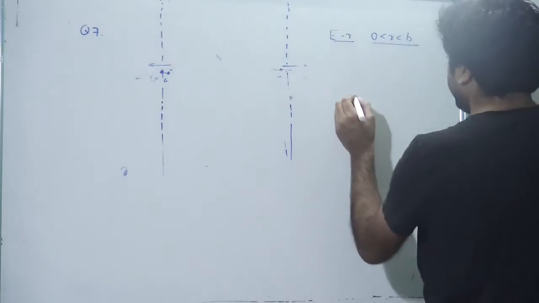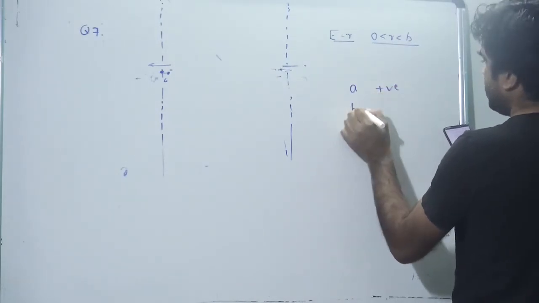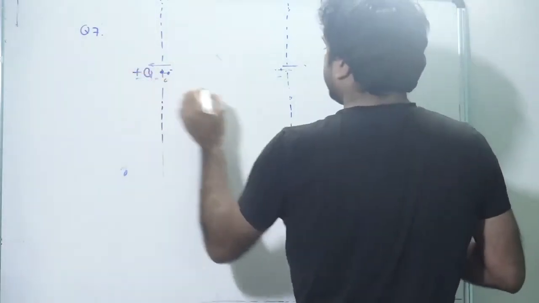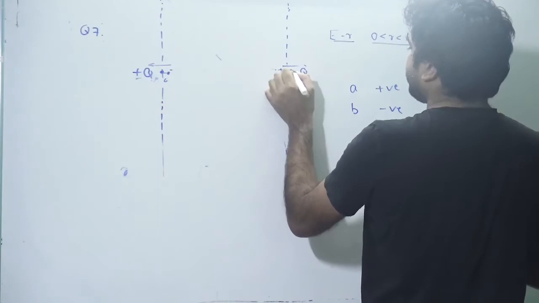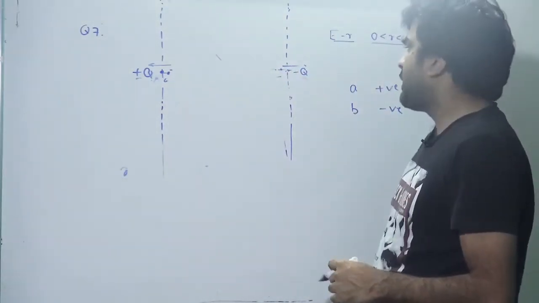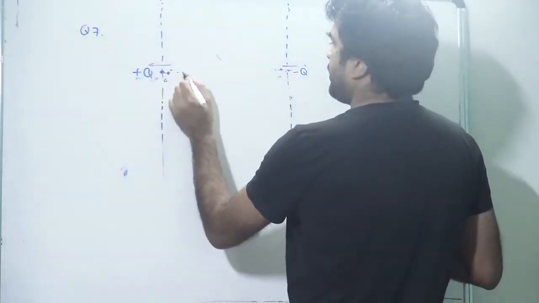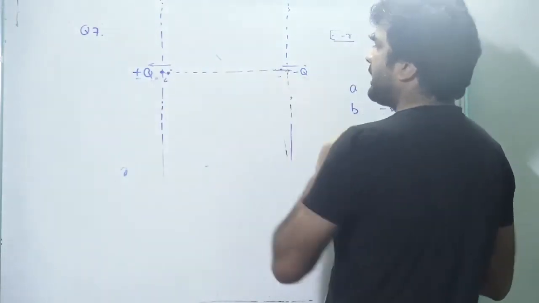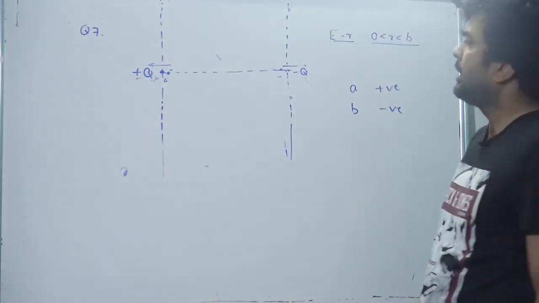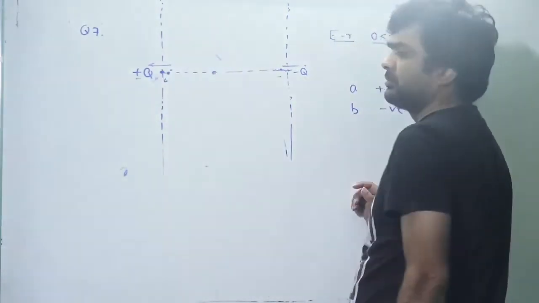Third part of the question is, if A is positive and B is negative, so this charge is positive and this charge is negative. Now it is equivalent to a dipole, and for any point between this positive charge and negative charge, there won't be any point where the electric field will cancel.